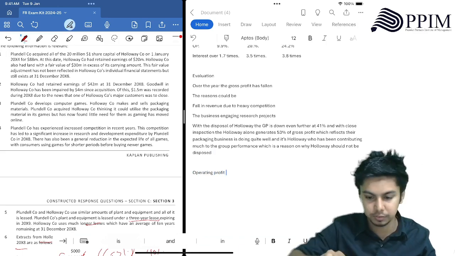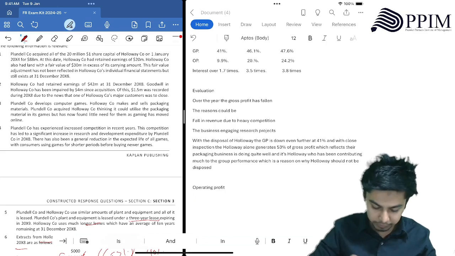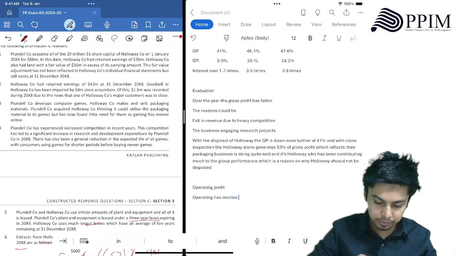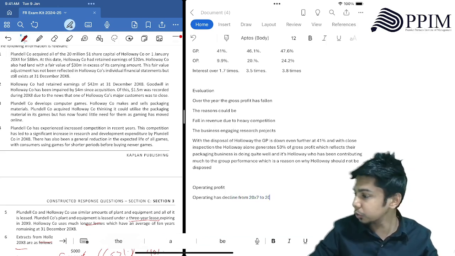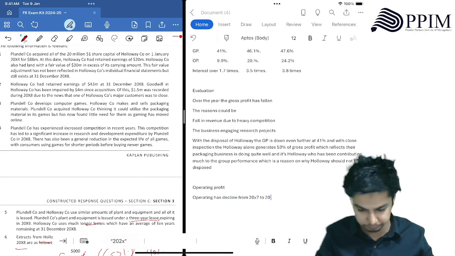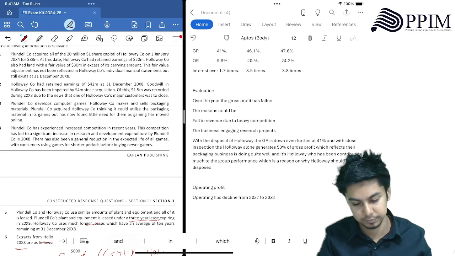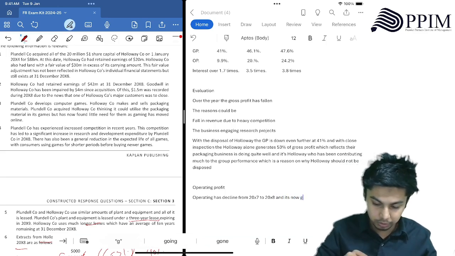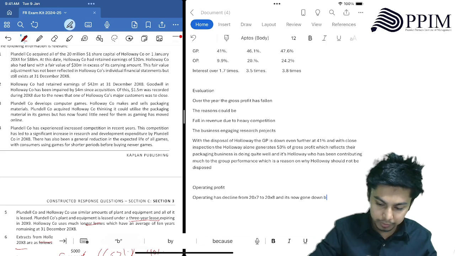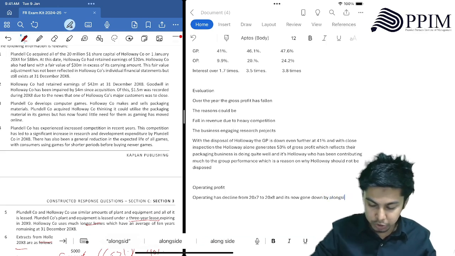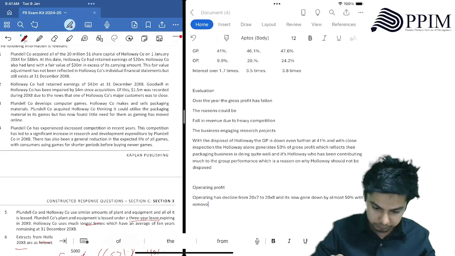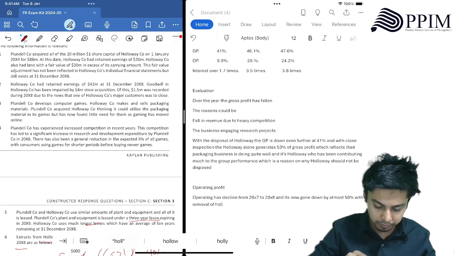Operating profit has declined from 2007 to 2008, and it has now gone down by almost 50% with the removal of Holloway.